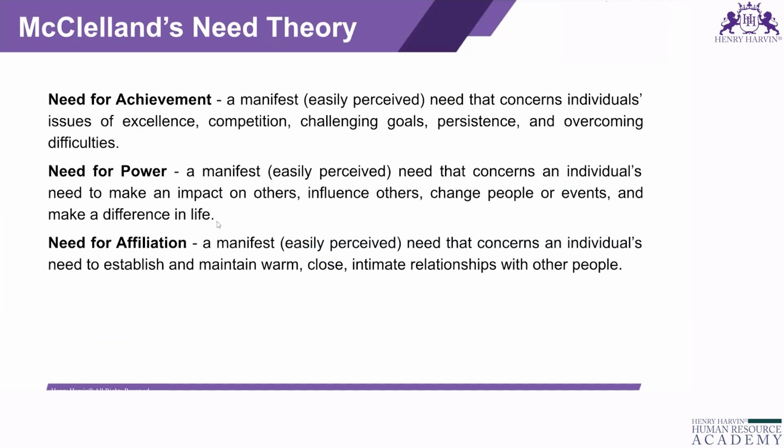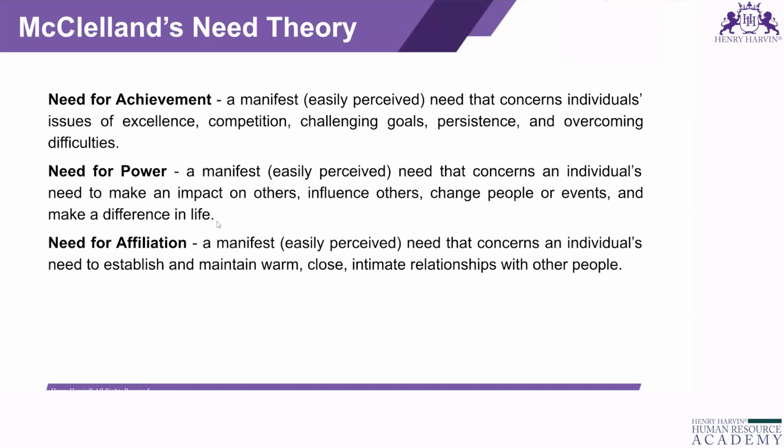Right, so that was McGregor. Now this McClelland needs theory says there will be 3 needs. First, need for achievement: a manifest, easily perceived need that concerns individuals' issues of excellence, competition, challenging goals, persistence, and overcoming difficulties.